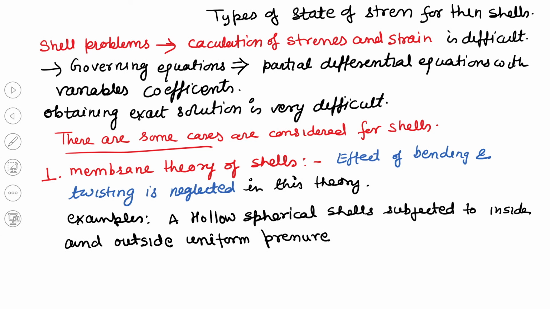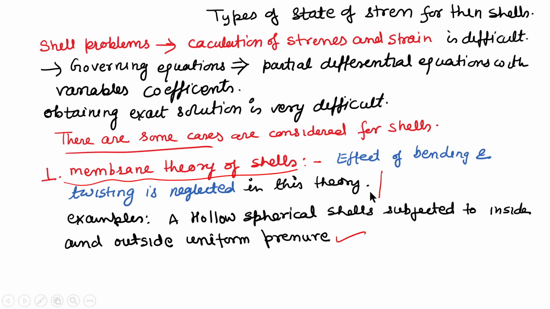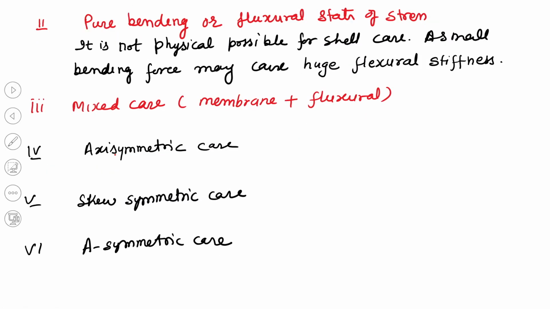In this direction, I am describing the types of state of stress for thin shells, like the membrane theory of shells. The effect of bending and twisting is neglected in this theory. Basically, a hollow spherical shell subjected to inside and outside uniform pressure is covered under the membrane theory of shells.